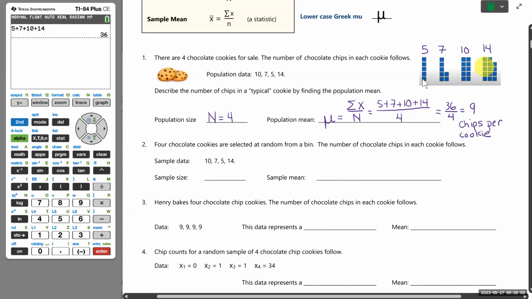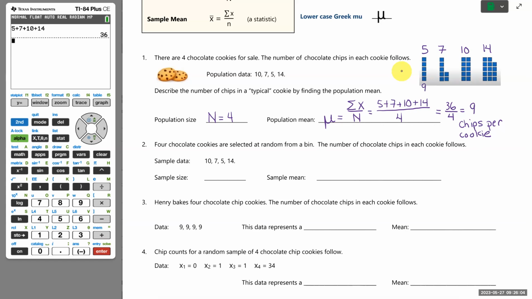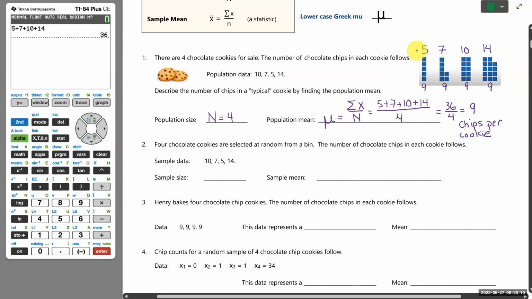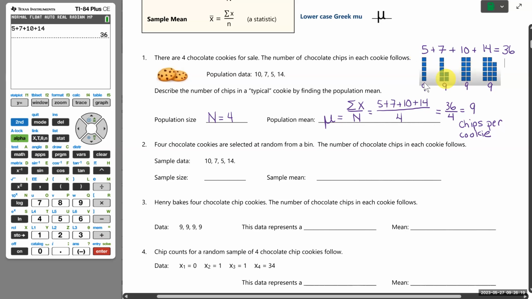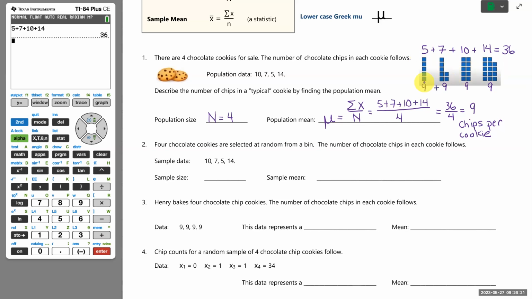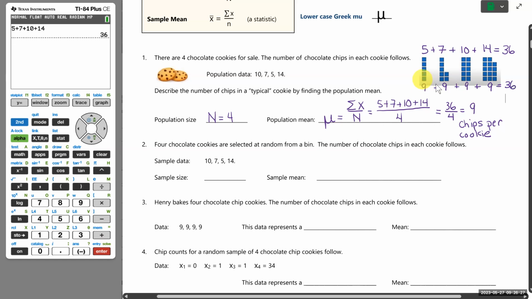So if I could reshuffle the chocolate chips, I would change them into piles here, 9, 9, 9, 9. So rather than looking at the variation up top of 36, with each pile being different, it's just saying if we put 9 chocolate chips in every pile, we'd still have our 36 chocolate chips, but they'll be dispersed evenly among the 4 cookies.